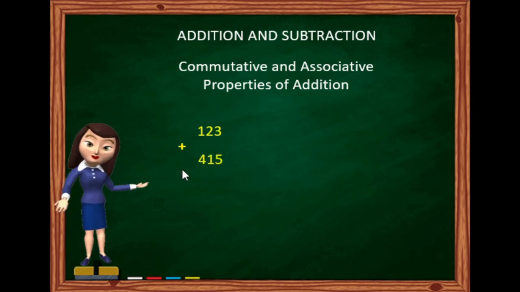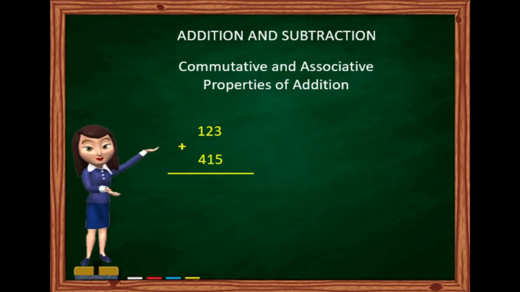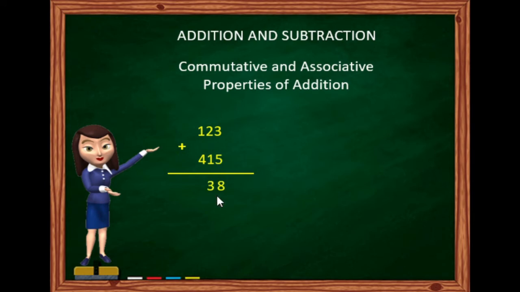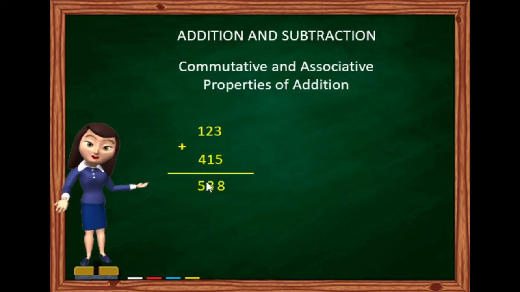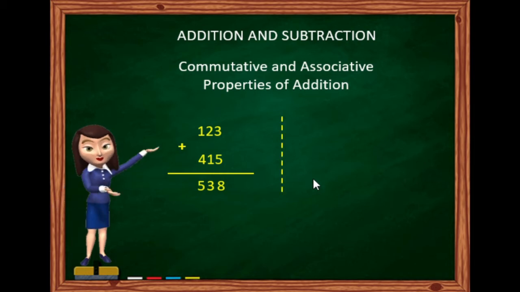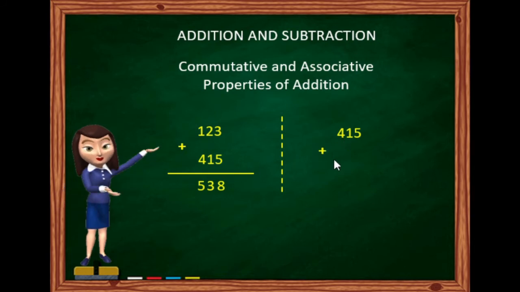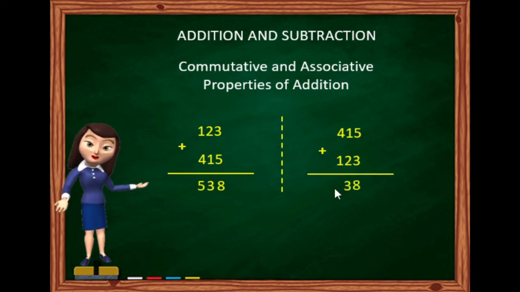Make sure when you add numbers are aligned and start adding or subtracting at the rightmost place. So 3 plus 5 equals 8, 2 plus 1 equals 3, 1 plus 4 equals 5. That is our first sum. Now looking at this one, 415 plus 123, we do get the same sum.